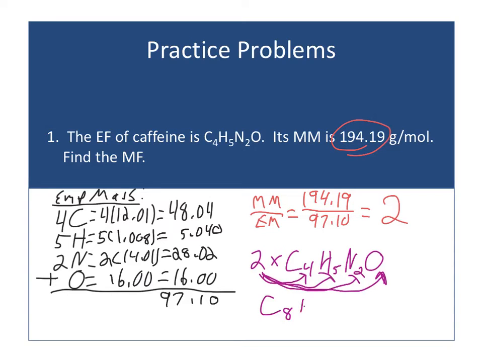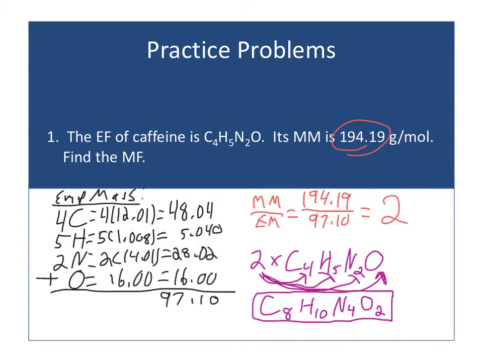Hydrogen, 5 times 2 is 10. Nitrogen is 2 times 2, which is 4. And oxygen is 1 times 2, which is 2. And there is my molecular formula.